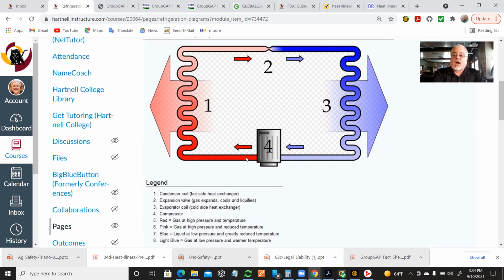So again, we've got hot, high pressure gas coming out of the compressor. And as it cools down a little bit, it doesn't take much, it starts to turn to a liquid, giving off even more heat. Going from gas to liquid gives off even more heat, right? It gets even hotter. But because it's going through a thin tube out in the air, maybe if you've got a really high-end refrigeration system, maybe you've got water running over this, cooling this off.